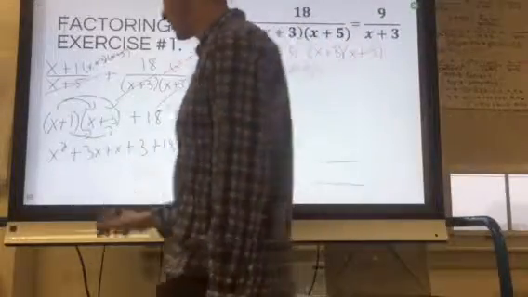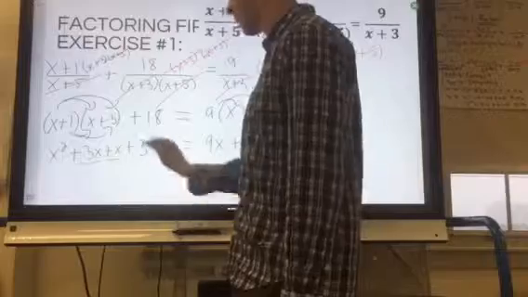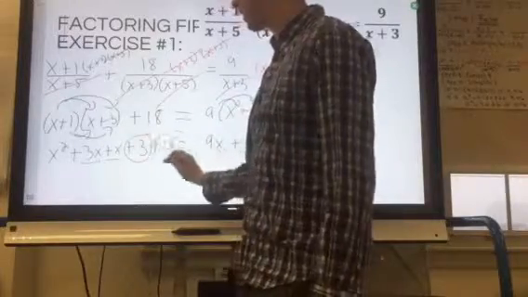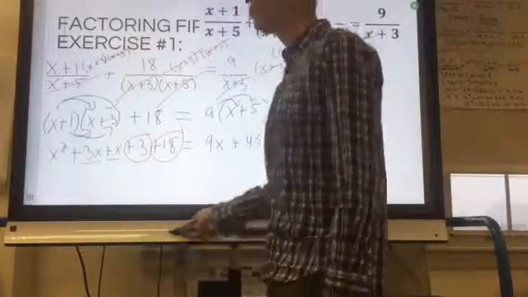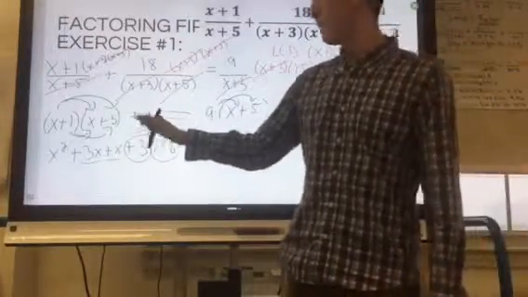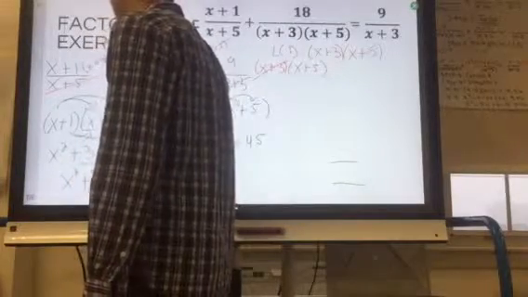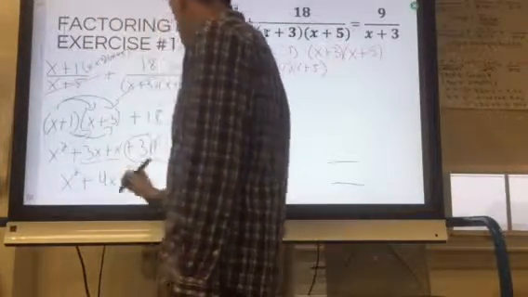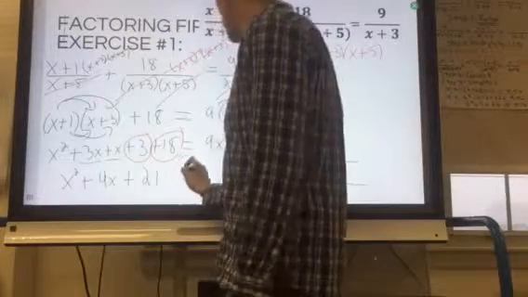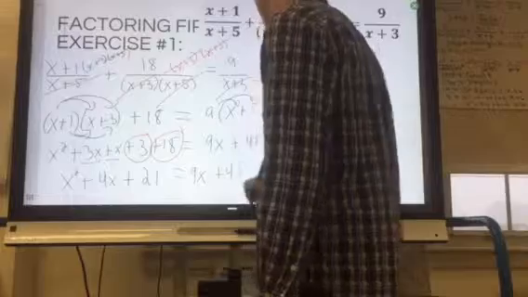Then I'm going to combine the like terms. So I have like terms, 3x and x, and I also have positive 3 and positive 18. Do not forget about this 18. A lot of times we drop it. Don't ever drop it. So that's going to be x squared plus 4x plus 21 equals 9x plus 45.